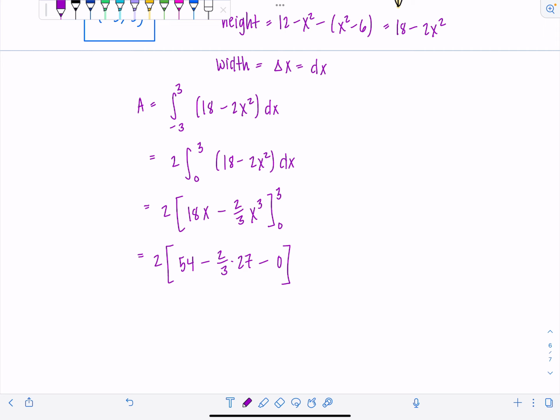Okay, let's see here. 2/3 times 27, this cancels. This is now a 9, right? So it's 54 minus 18. What's 54 minus 18? It's 36, right? So 2 times 36, this is 72.